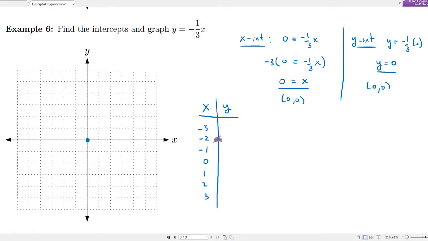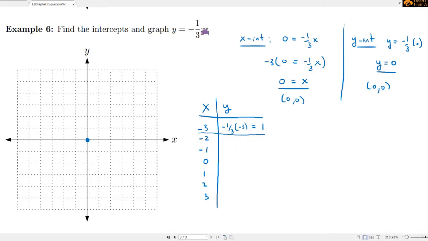Just to illustrate that, I'm going to go from -3 to 3. So plugging in -3 for x, what are we getting? Well, the 3's cancel or reduce and the negatives cancel, so I get +1. If you're ever worried that you're not pairing the numbers right, you can fill in with horizontal lines here.